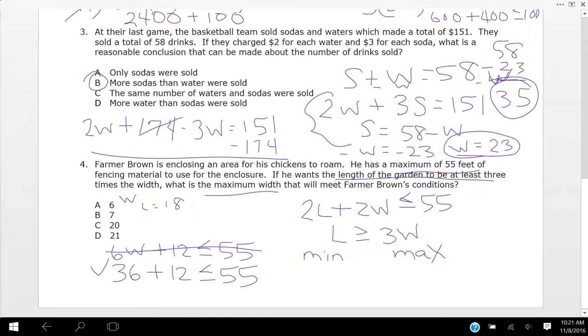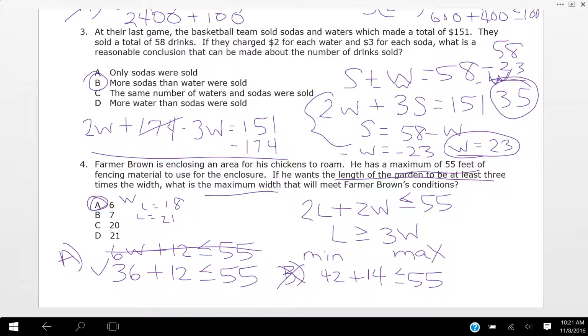If I put in 7, then my length is 21, and I have 42, that's A. So for B, I have 42 plus 2 times 7 is 14. That's 42, 52, 56. So anything bigger than 6 is not going to work because it's going to be way bigger than 55. So A is my answer.